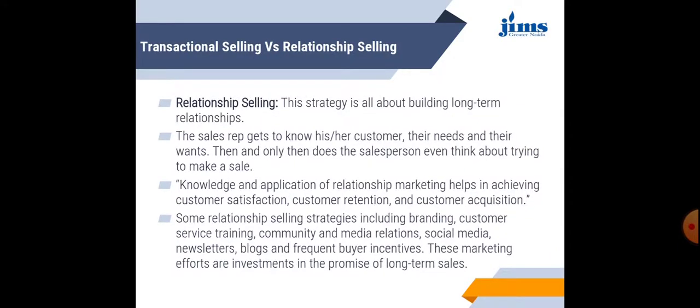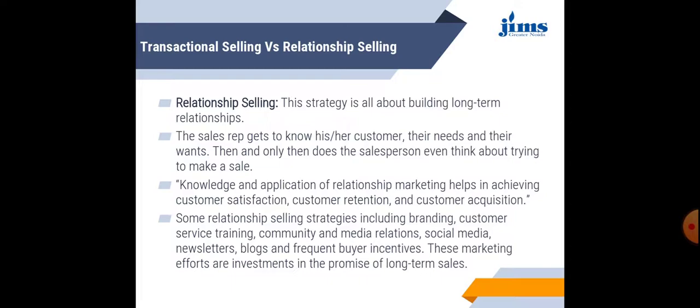When we talk about relationship selling, it is all about building long-term relationships. Here the sales representative gets to know and identify the needs and wants of the customers, right? And then tries to make a sale. After identifying the needs, wants and preferences, they focus on how to increase the sales.